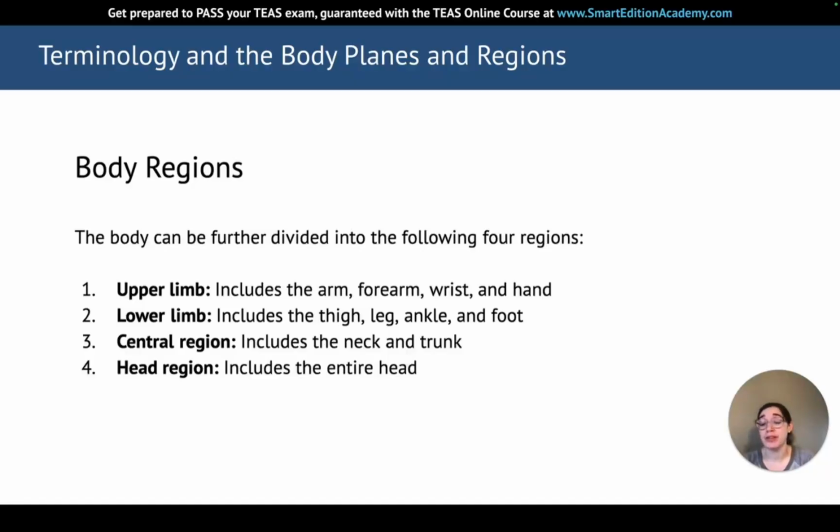We can talk about the central region of the body that includes the neck and the trunk. And we can talk about the head region, which includes, you guessed it, the entire head. So four major regions of the body that we can talk about. Another way of organizing the body into different parts so that we can focus on individual parts specifically.